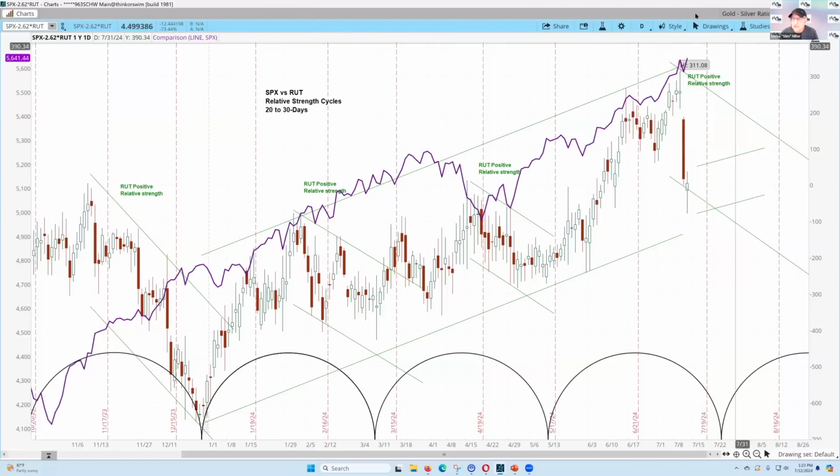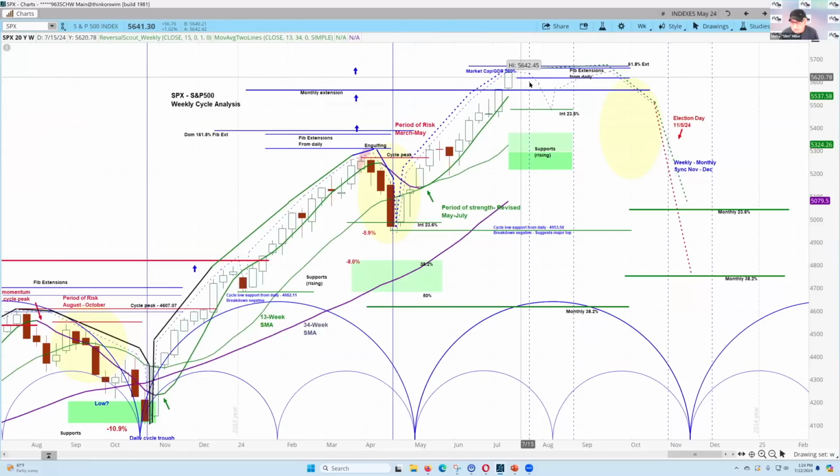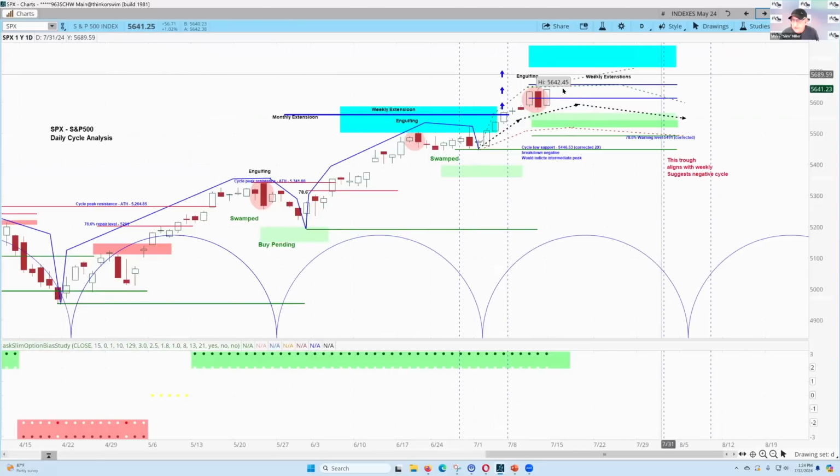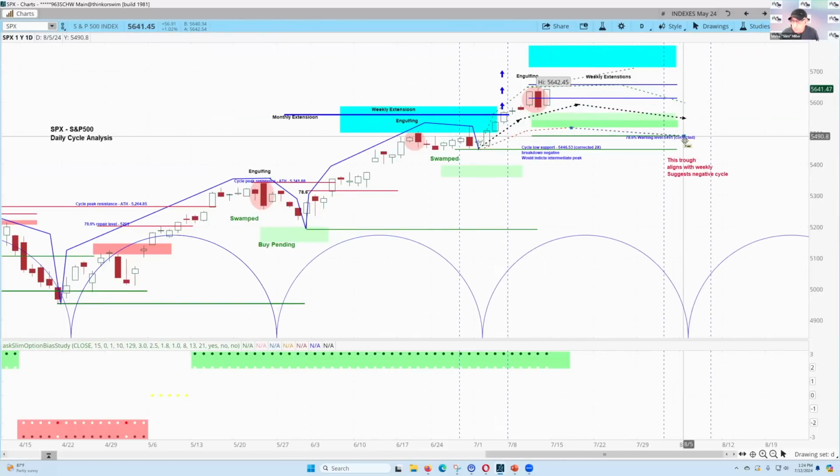And this is why, looking at that chart and the S&P 500, I'm just going to blow this up again, I expect that this corrective period right over here, which aligns with the S&P 500 losing relative strength to the Russell, is likely a corrective period out into August, and this actually turning out more negative, and then a more negative channel forming somewhere out over here where it actually does begin to accelerate to the downside.